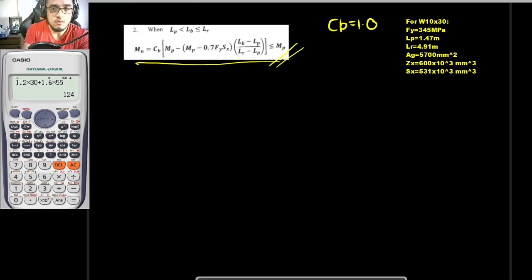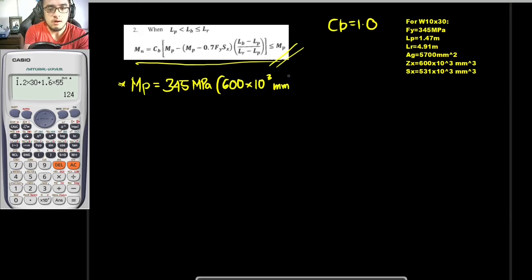Okay, so let's solve for Mp first. So Mp, or your plastic moment, is equal to Fy, which is 345 megapascals, times Zx, which is 600 times 10 raised to 3 millimeter cubed.